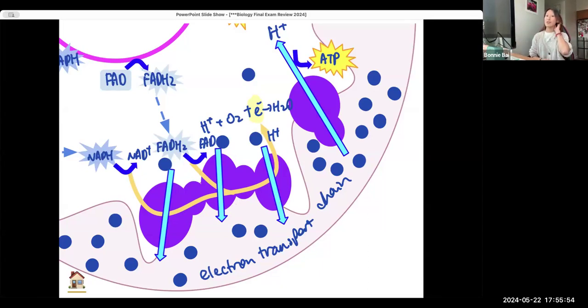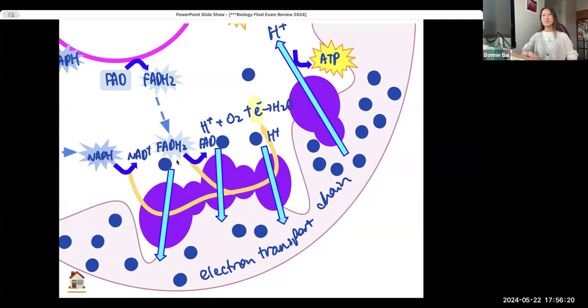And then we'll talk about why hydrogen is important. But right here, it's really important for you to know that oxygen is what we call the final electron acceptor, because it's combining with the electrons at the very end of the electron transport chain. And also, the electron donors, the source of the electrons, are NADH and FADH2.